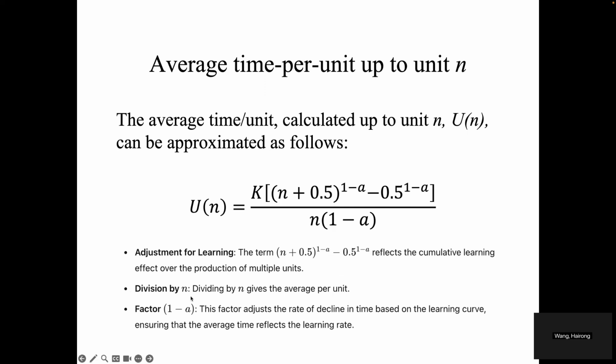And we use another factor, which is 1 minus alpha. This factor adjusts the rate of decline in time based on the learning curve, ensuring that the average time reflects the learning rate. So in this approximation formula, we also consider the learning rate.